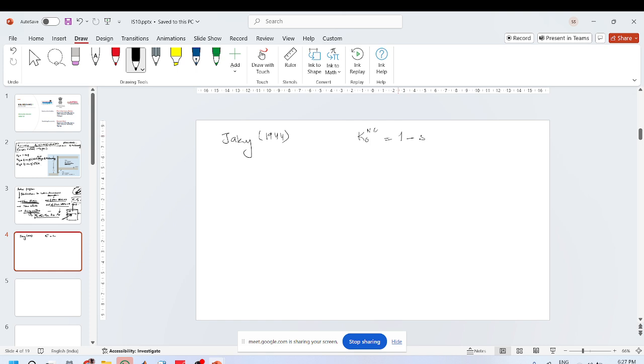1 minus sine phi. Then usually we use 1 minus sine phi. It's pretty easy.